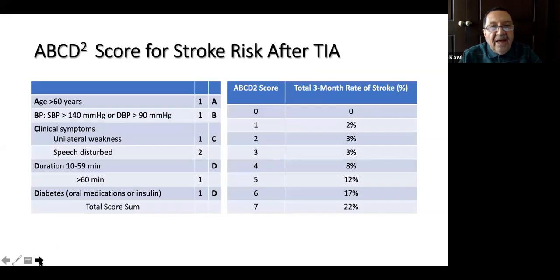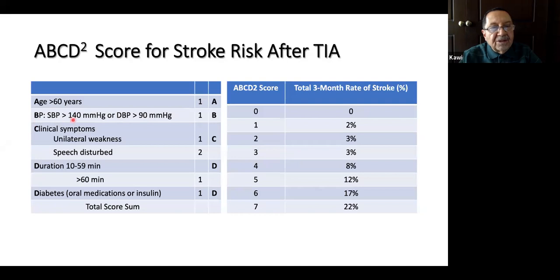Now, after a transient ischemic attack, what is the risk of stroke? Researchers have come up with the so-called score of ABCD2. ABCD2 comes from A, B, C, and D. The A is for age. If the age is over 60 years, we give it 1.